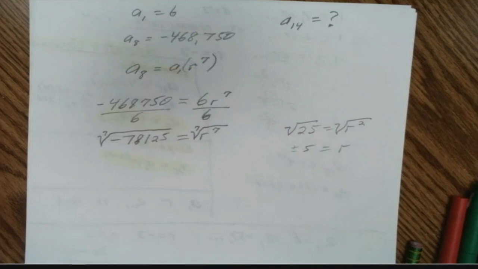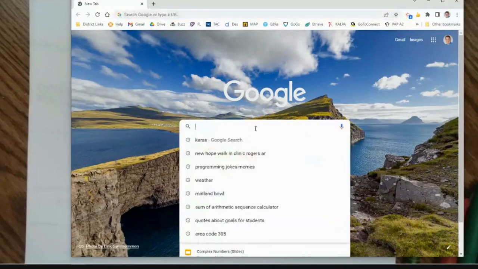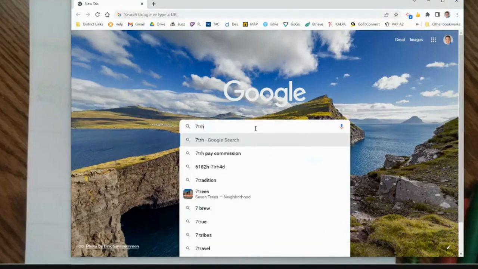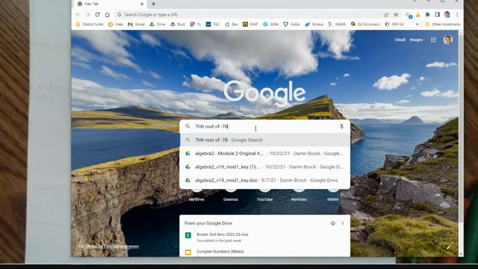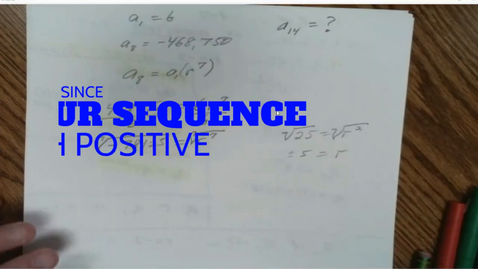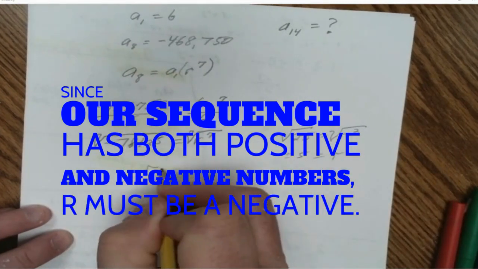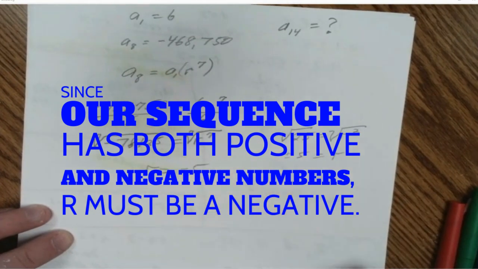Let's just put it in Google and use that calculator. 7th root of negative 78,125. Type it in Google, let it do it. There it is. The root of the 7th degree of 78,125 is equal to 5, so our r is negative 5.